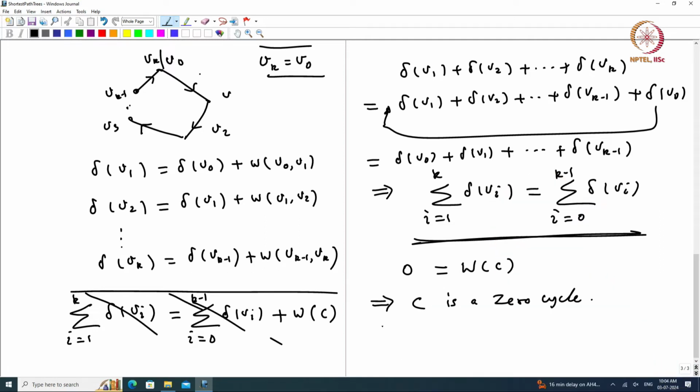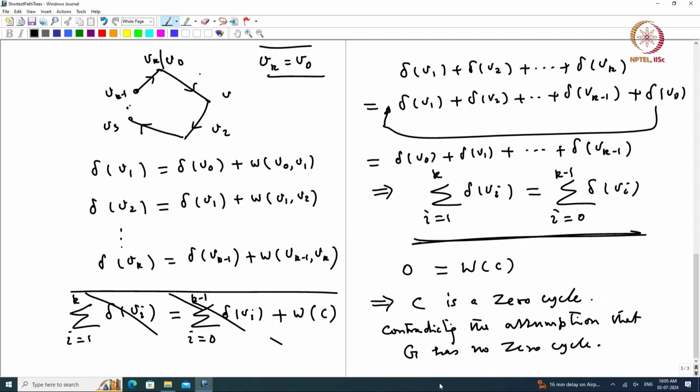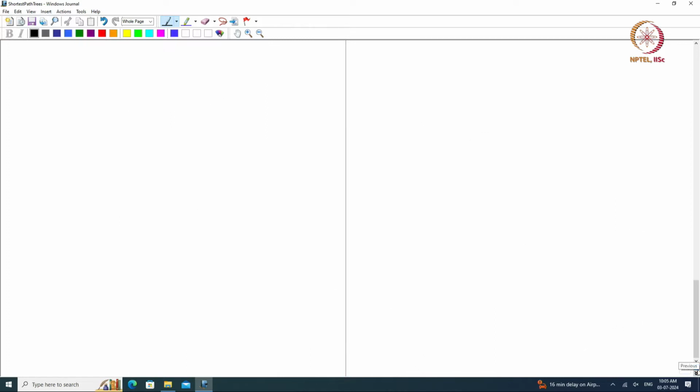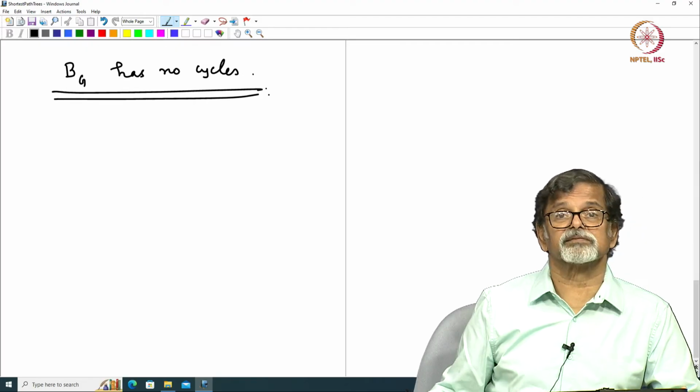C is a 0 cycle, contradicting the assumption that G has no 0 cycle. We have assumed that G has no 0 cycle, but here we are showing a 0 cycle if we assume that the Bellman graph has a cycle. Therefore, the Bellman graph has no cycles.